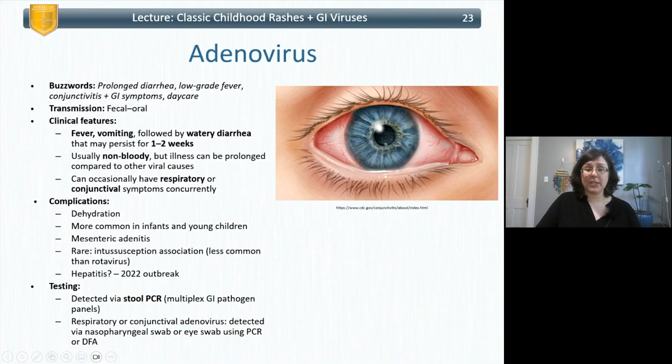And there was also an outbreak of severe hepatitis and in some cases fulminant liver failure associated with strains of adenovirus in 2022, and it still occasionally occurs. Testing is via a stool PCR, and you can also do respiratory or conjunctival swabs if they're having eye or respiratory symptomatology.